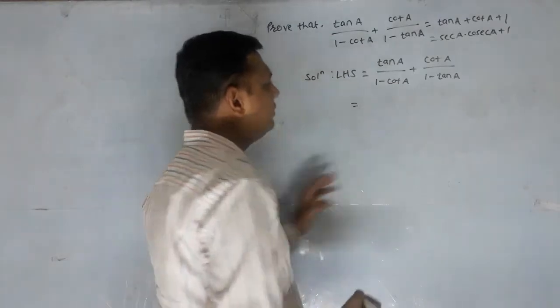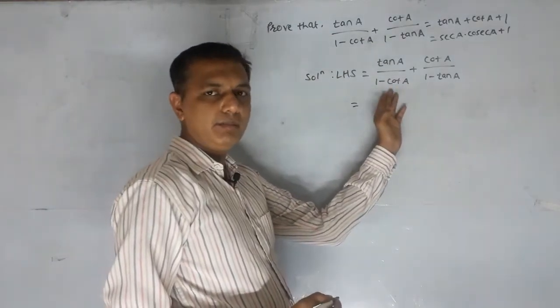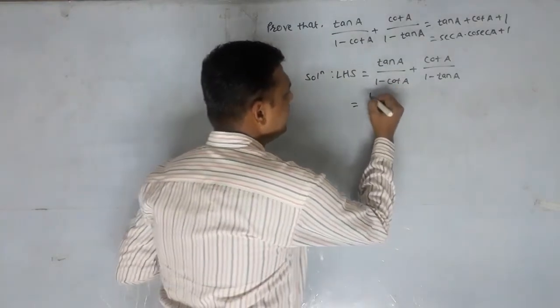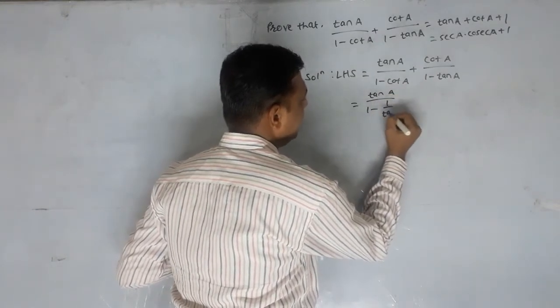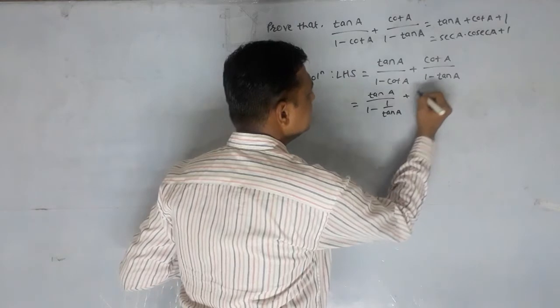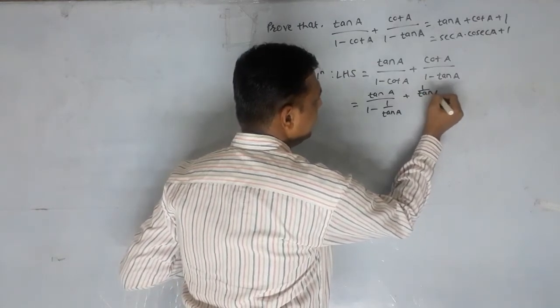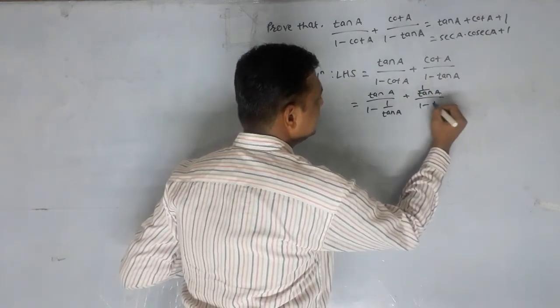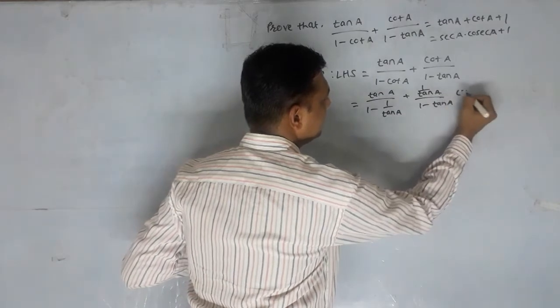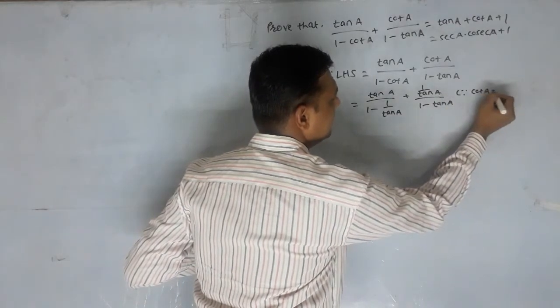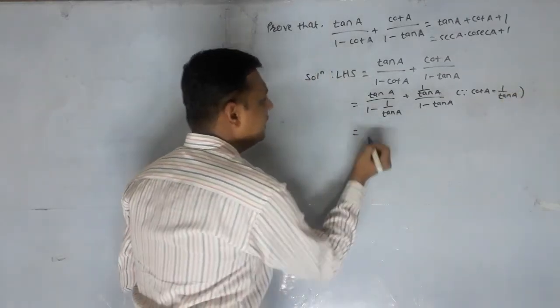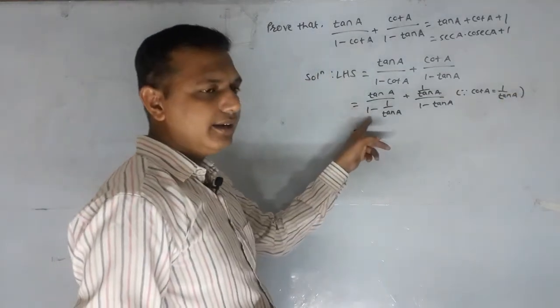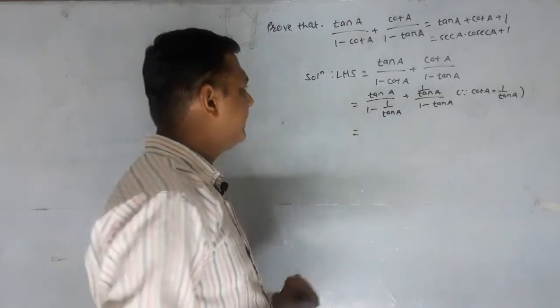This is equal to, we know that cot a is nothing but 1 upon tan a. So, tan a upon 1 minus 1 upon tan a plus 1 upon tan a upon 1 minus tan a. Here since cot a is equal to 1 upon tan a, solve this by cross multiplying, taking LCM.